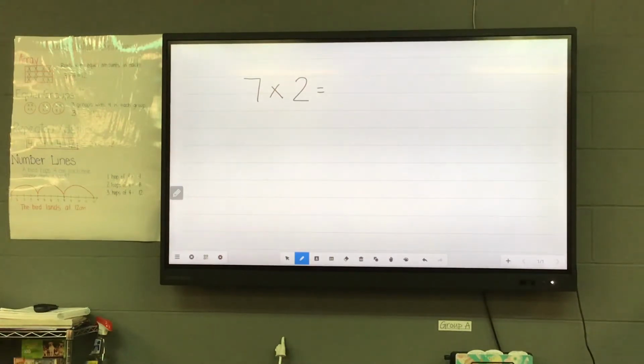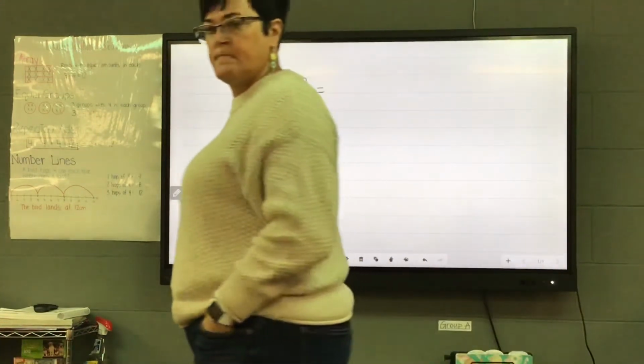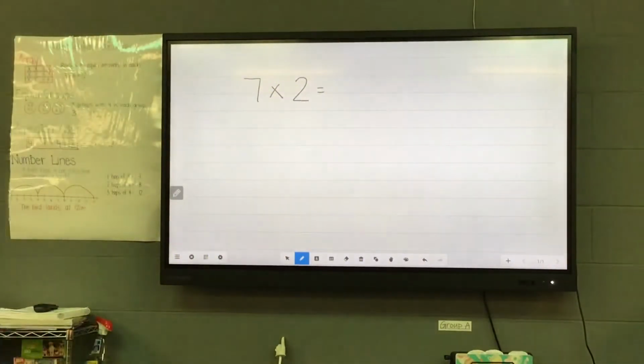We've learned repeated addition also. You can figure your tiles out, however is going to be easiest for you.